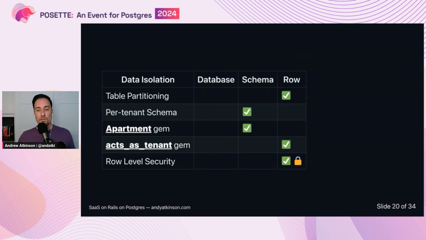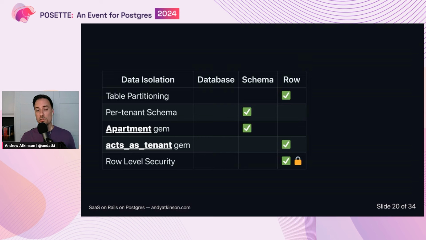So this is a little bit of a table representation of a recap of some of the things we've seen so far. We're working within the same database on the same instance, and we're considering mostly data isolation here. We looked at table partitioning, which, if we set up list partitioning and we have tenants identified with their company ID column, and we've set up partitions per company ID, then we have kind of row level data isolation.